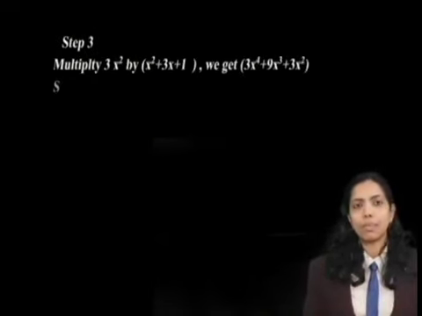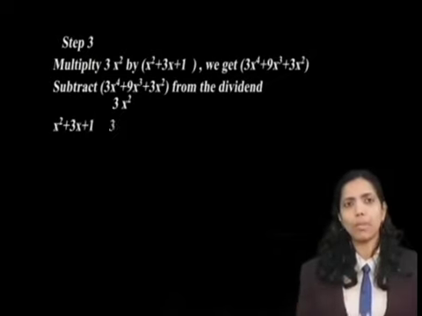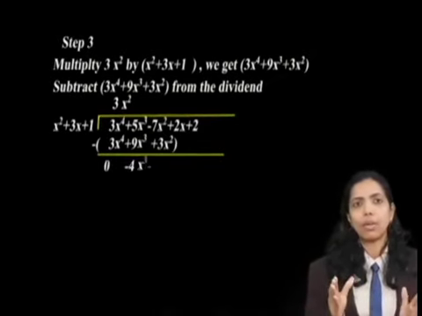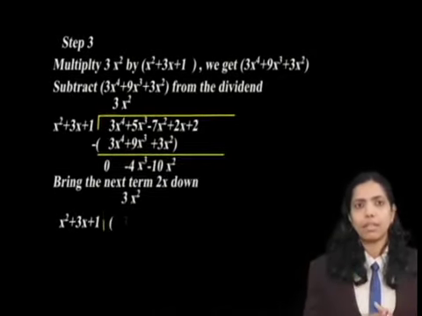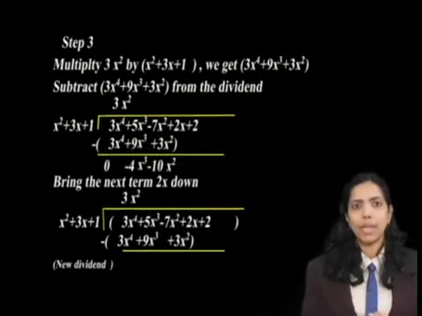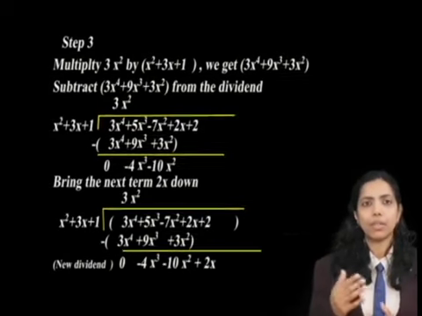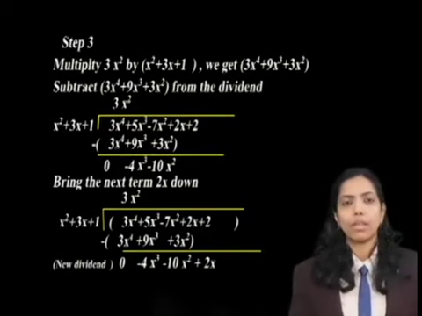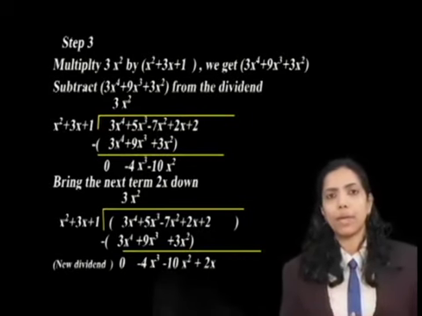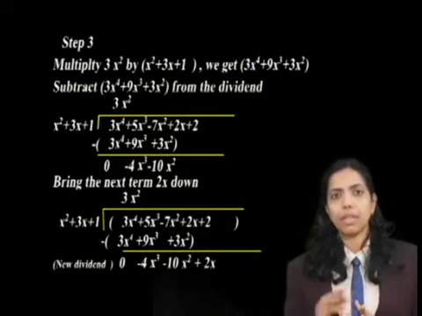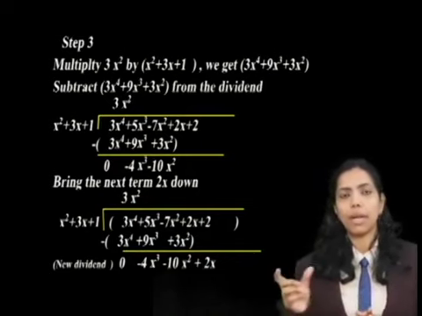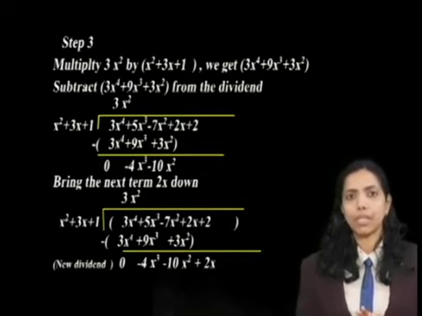What is step 3? We have to multiply the whole divisor x square plus 3x plus 1 by the quotient term 3x to the power 2. If you are multiplying, what is the product we are getting? 3x to the power 2 multiplied by x square plus 3x plus 1.